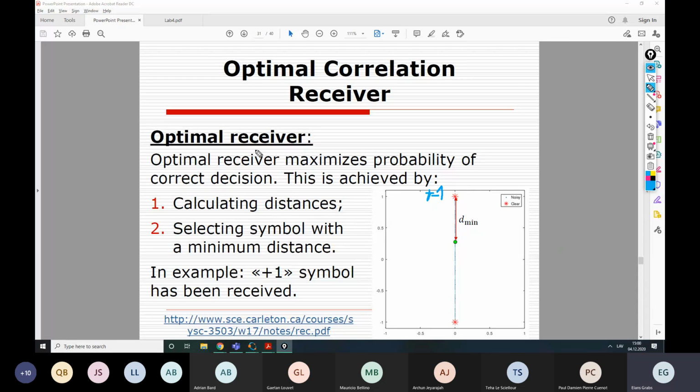So that's how optimal receiver works. It's not correlation receiver yet, it's just the idea of optimal receiver. Correlation receiver is just a technical method of achieving this result.